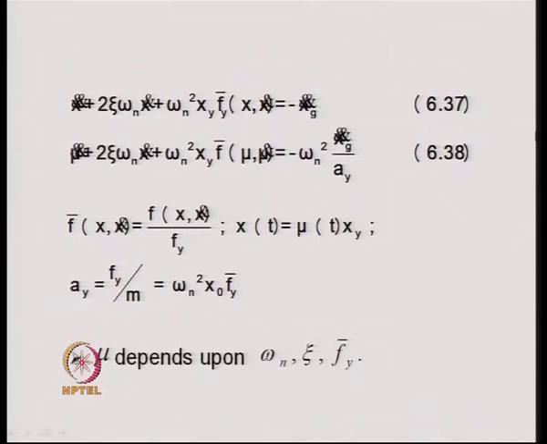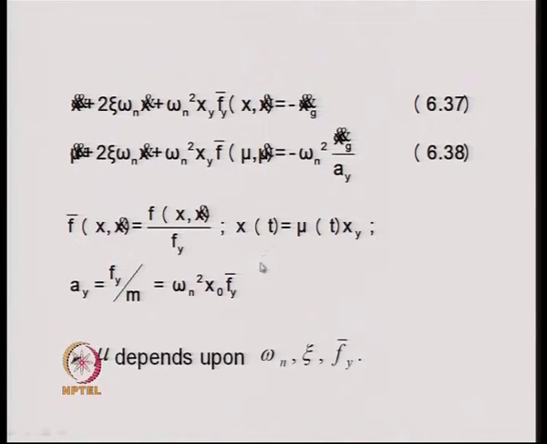This equation now has the following variables: omega n, xi and f bar y. If we wish to solve this problem, that is equation 6.38, we see that mu depends upon three factors, omega n, then xi and f bar y, because a y will contain an f bar y.